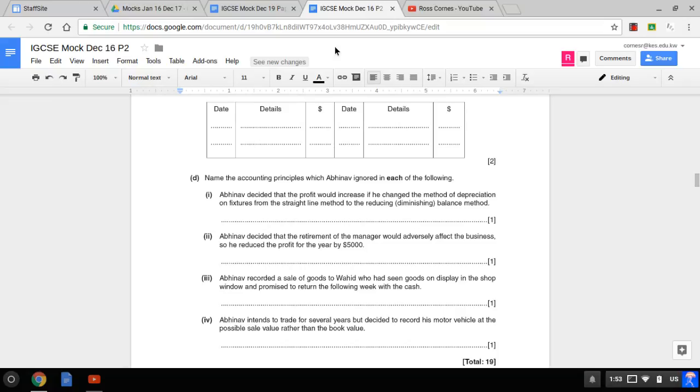It's going concern, because the going concern principle says that we do the accounts on the basis that they are going to continue trading for the foreseeable future.